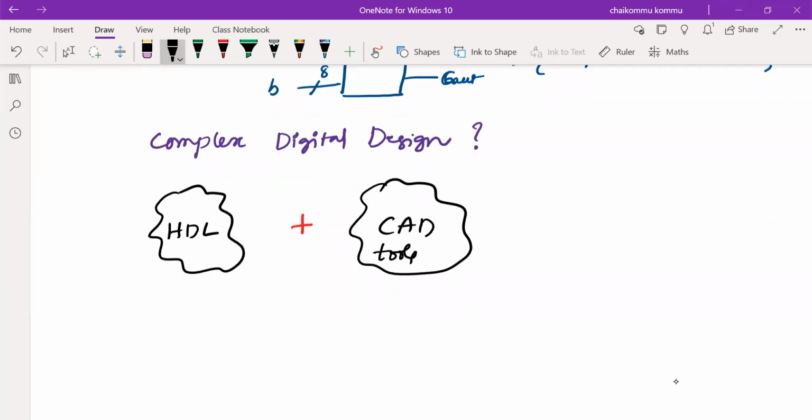Once we have designed with the help of the tools, then we have to place our design either in PLDs or FPGAs, right? So this is the process involved in the design when the complexity of the digital circuit increases, right?